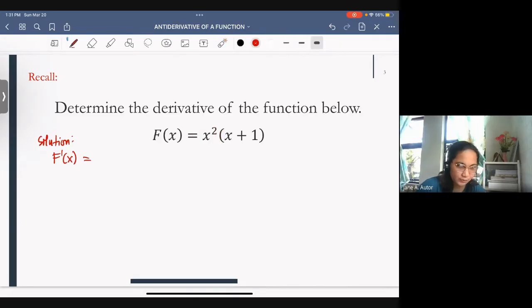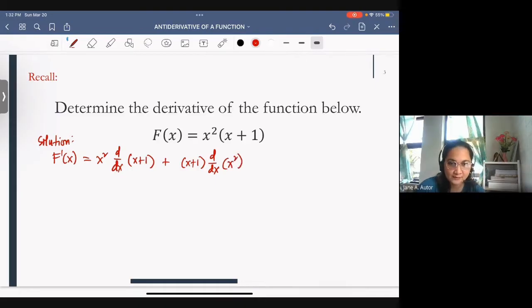First, we are going to copy the first function x squared and then multiply that by the derivative of the second, which is the derivative of x plus 1. So you have x squared times the derivative of x plus 1 with respect to x, plus copy the second function, that's x plus 1, multiply that by the derivative of x squared.